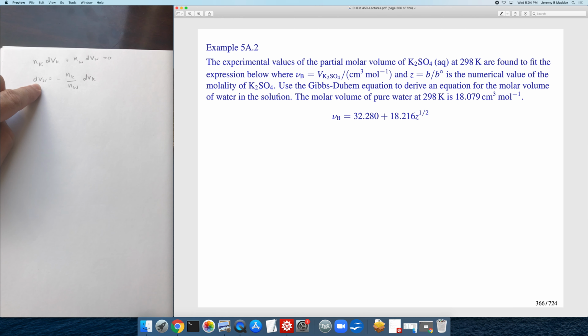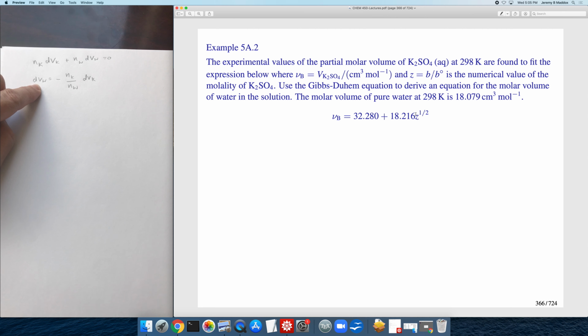So the format that they've given us, this new B here, it's the partial molar volume where Z is this ratio of B over B0, where B is the molality of the solute and B0 is the standard molality, which is 1 molal. So essentially Z is the molality, and so we're going to treat it as such.